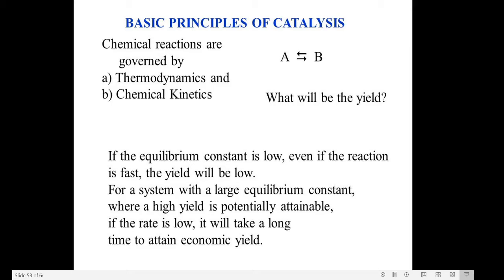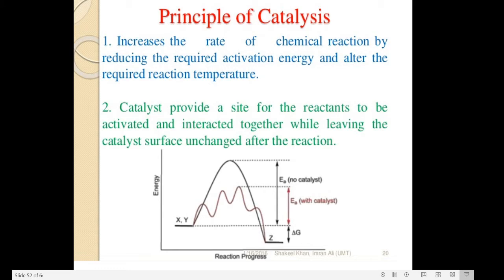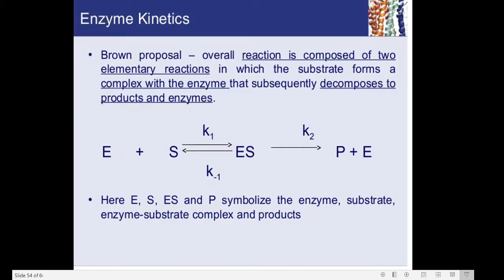Where we can use it is in the catalytic process. Thermodynamics and chemical thermodynamics carry this catalysis process. Catalysis increases chemical reactions and provides the reactant for the activity. Then the enzyme kinetics concept: the overall reaction is composed of two complementary reactions.